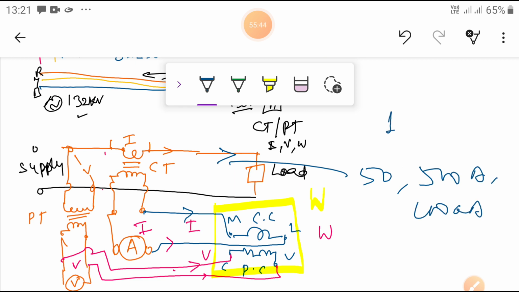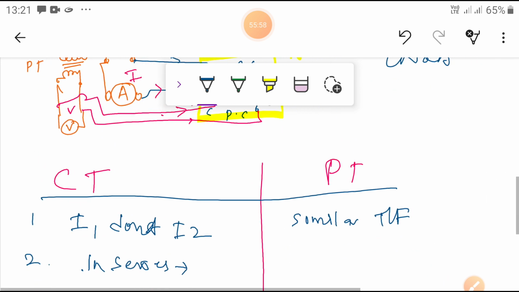Sometimes in short circuit condition, the short circuit current may be 10,000 amps also. That will flow in series with the primary winding. So you have to design the CT in such a way.